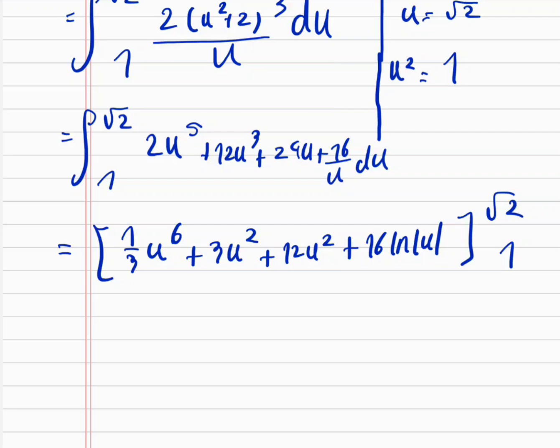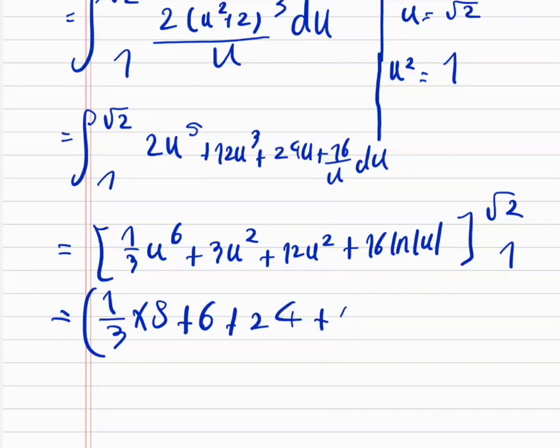Now we substitute the higher limit first and then the lower limit, and then we simplify. In this case, we have 1 over 3, and then root 2 to the power of 6 is 8, and then 3 times root 2 to the power of 4 is 12, 12 times root 2 squared is 24, and we have 16 ln of root 2.